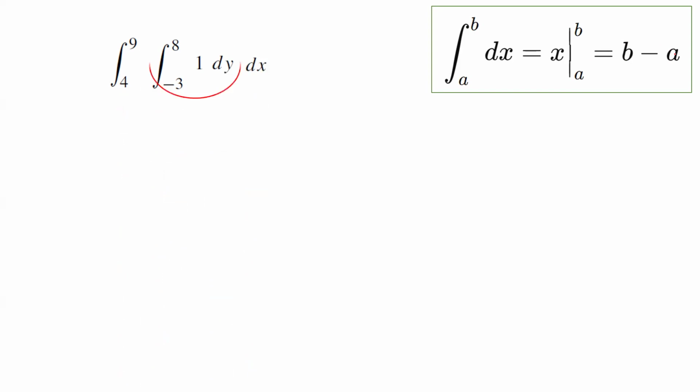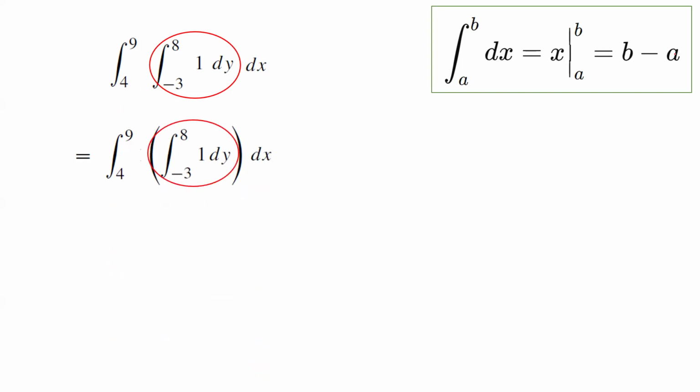So basically, the inner integral is with respect to y. You can group these to make it a little bit easier to visualize. So your inner integral is the integral of 1 dy, y bounded between -3 and 8, and then you take the outer integral with respect to x. The integral of 1 dy is y, and y bounded between -3 to 8.